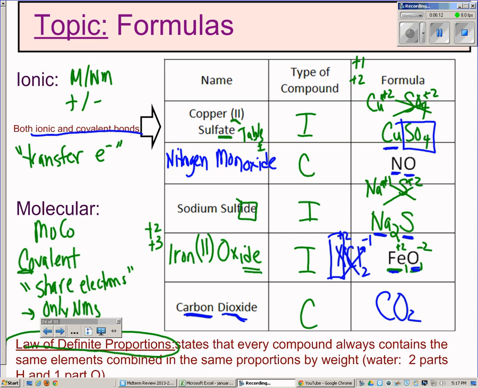The polyatomic consists of two nonmetals. Those two nonmetals are bonded together covalently. So it contains an ionic compound between the copper ion and the sulfate ion, and then a covalent bond between the atoms in the polyatomic ion.